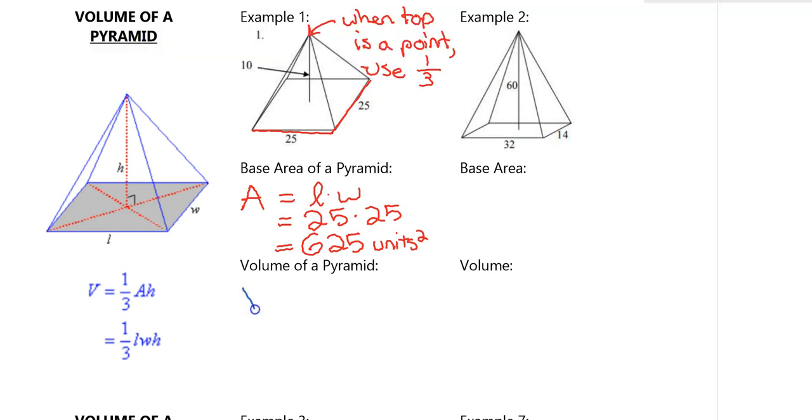Now looking for volume, volume equals 1/3 times length times width times height. So I have 1/3 times my length and my width, which are still the same, then times my height, and in this case my height is 10.